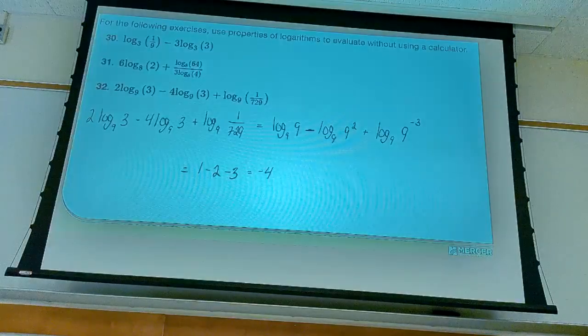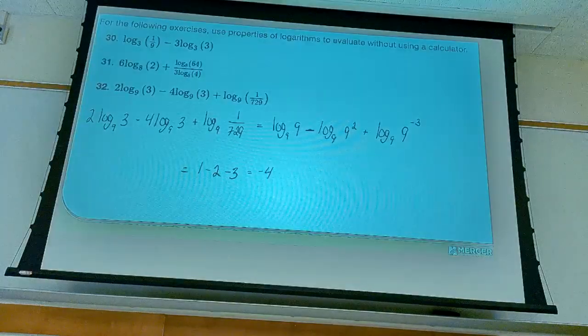Can you go over how you did the 1 over 729 again? So the first thing I did was look at 729. And I said, okay, well, is that a power of 9? And it is. I recognize it as 9 cubed.